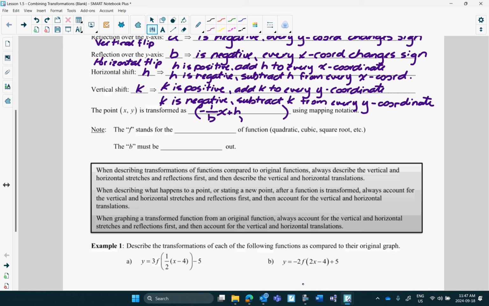Vertical, which is y, it flipped vertically, it stretched vertically, then times every y, and then it moved up or down. So you could have upwards of 6 things you need to do when you write a formula for a new point or an image point. Okay?